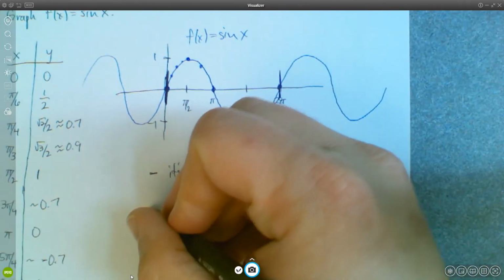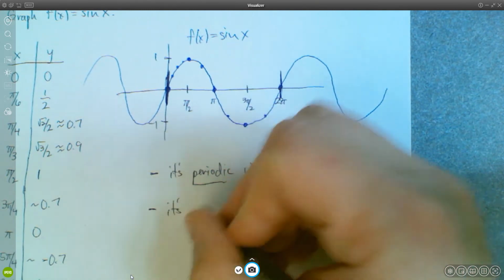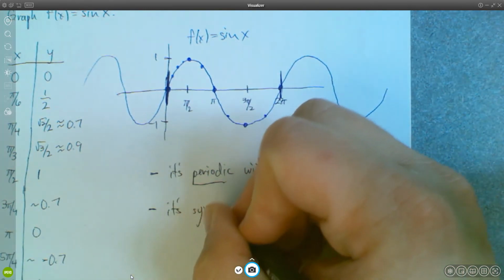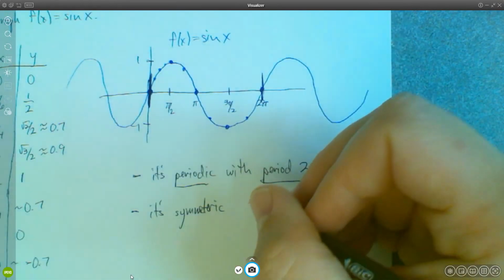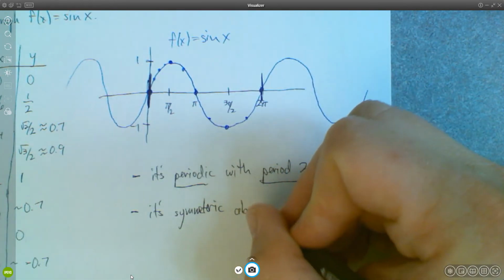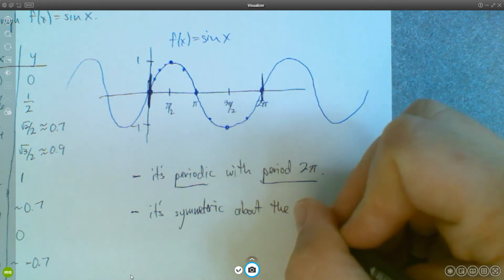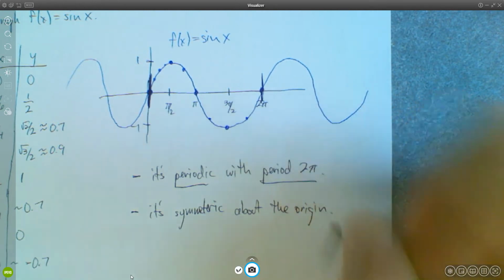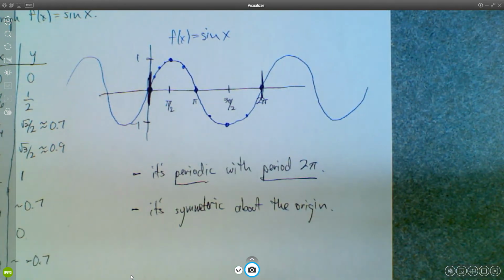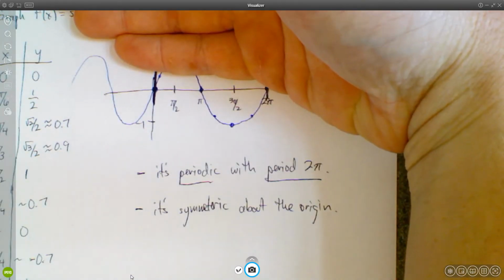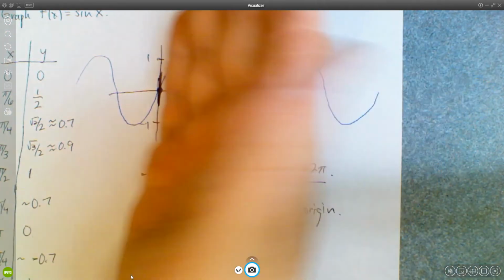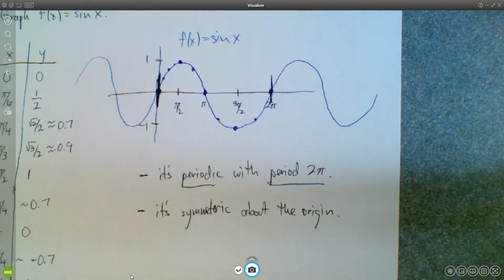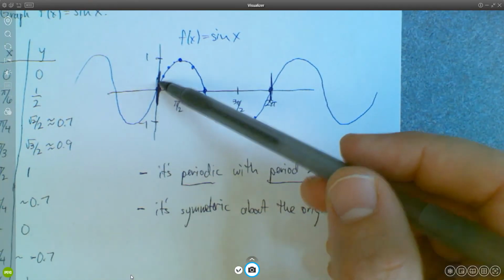Okay, it's symmetric about the origin. If you're a little rusty on your algebra, what it means to be symmetric about the origin is that if you fold the graph in half along the x-axis and then fold it in half again along the y-axis, then the graph will meet up.